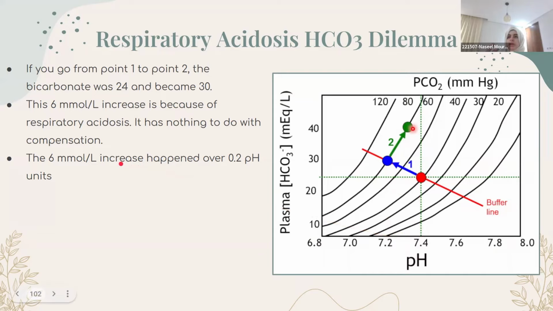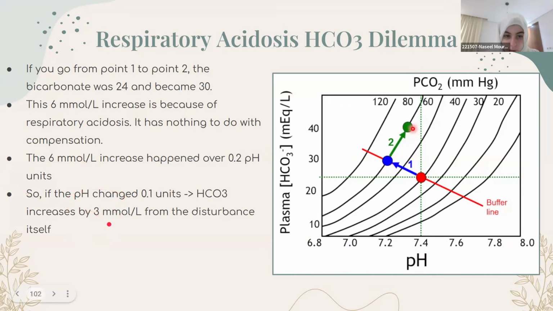So how much bicarbonate would change if you're only having a 0.1 change in pH? What do you guys think? So you said for 0.2, you're having a 6 millimole increase in bicarbonate. What about a 0.1 unit? Excellent. It would just increase by 3, okay?